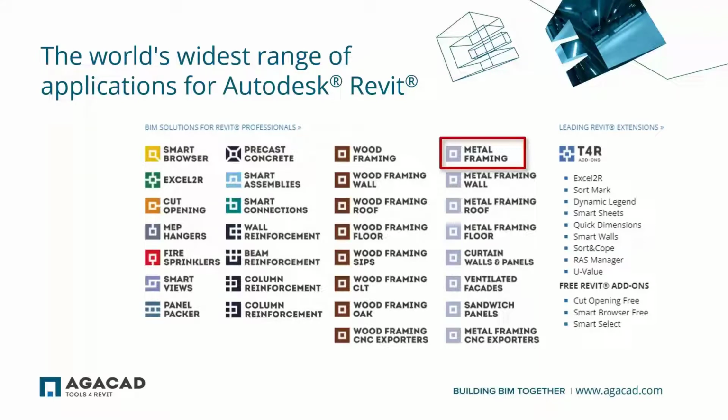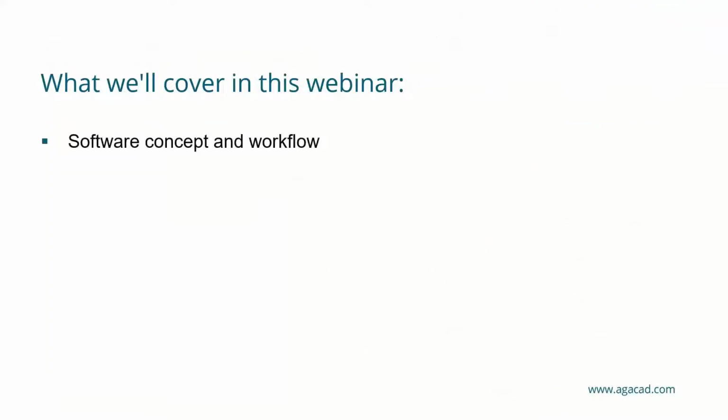Over many years, we have developed the widest range of BIM solutions for Revit professionals, including precast concrete design, MEP system design, wood framing, and metal framing, which we are going to explore today. We are going to cover the metal framing software concept and workflow.